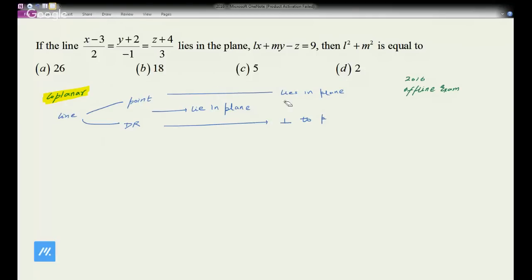Since this lies in the plane, they will be perpendicular not to the plane, but to the normal to the plane. That's what you guys have to do.